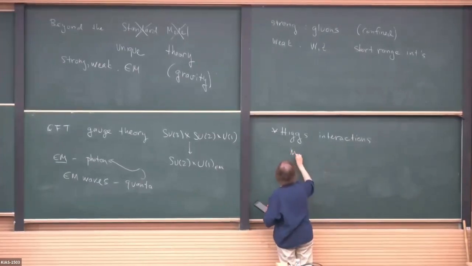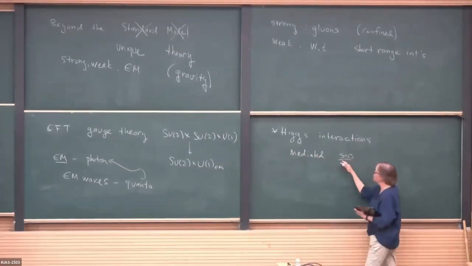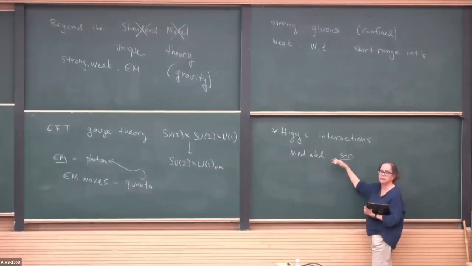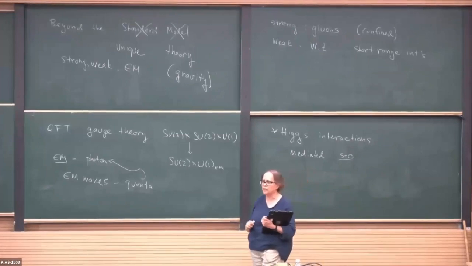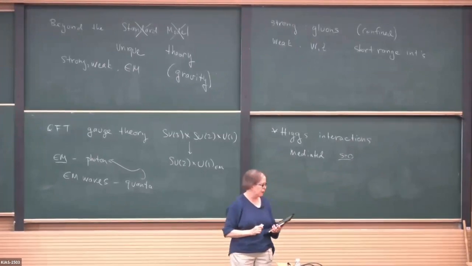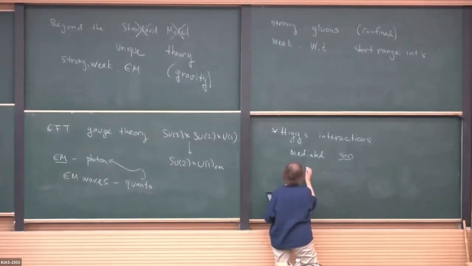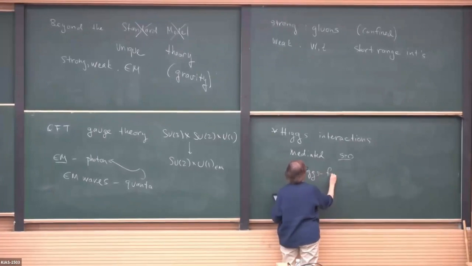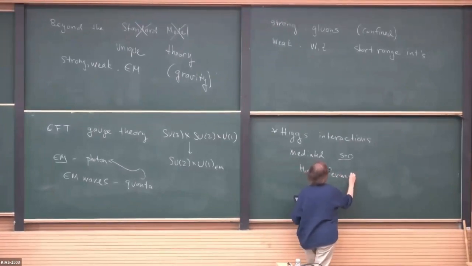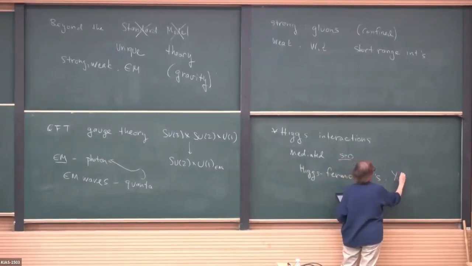The Higgs is a spin zero particle. So this is the first time we see such an interaction mediated by a spin zero field. And what we have here are Higgs fermion interactions. So these are the Yukawas.